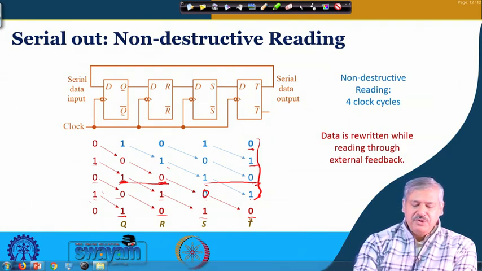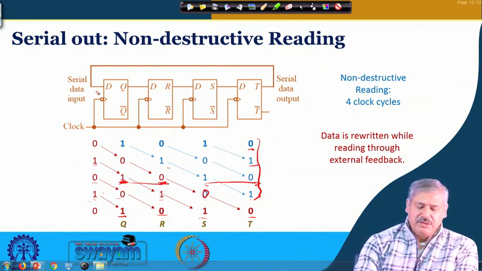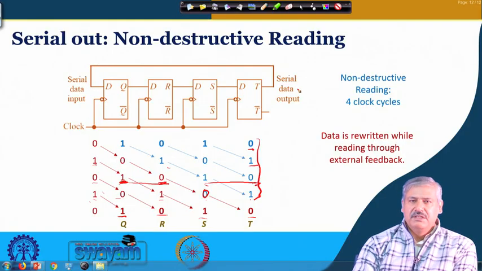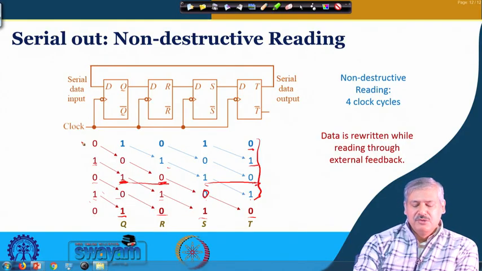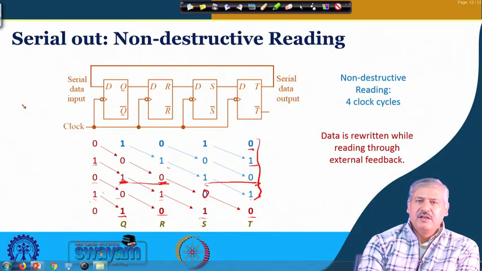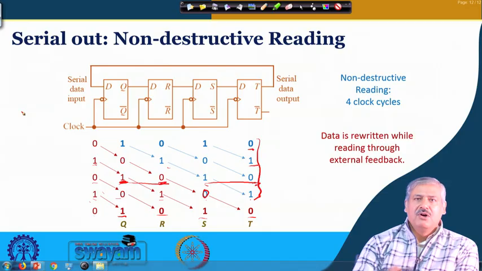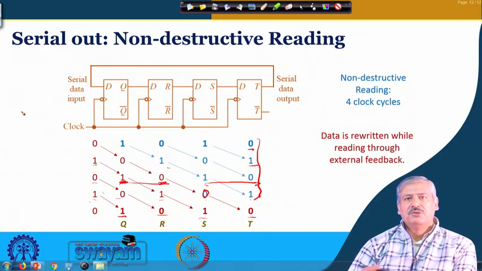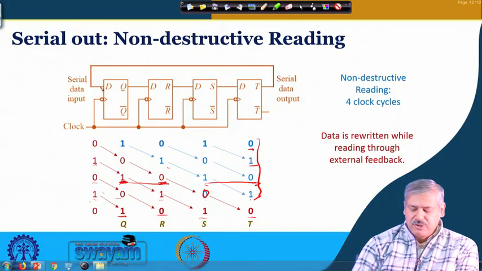Okay. Now, if you want to read it this way and also want to write through external inputs the way you have seen, would you like to disconnect or again connect the serial data input, that is possible. Or you can think of a 2 to 1 multiplexer kind of mechanism by which this input D over here for the first flip flop.